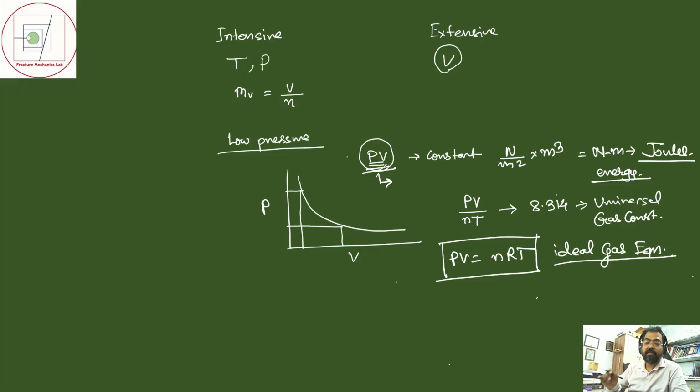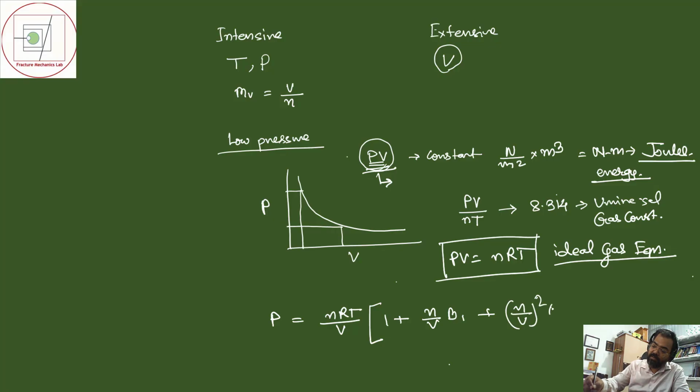Why? Because the derivation of this ideal gas equation does not take into account the interaction of one gas atom with another atom. So this was further modified by some other people, and you have a not that complicated equation, a variation of the ideal gas equation. It's something like n by V times some constant plus n by V whole square times another constant, and so on.